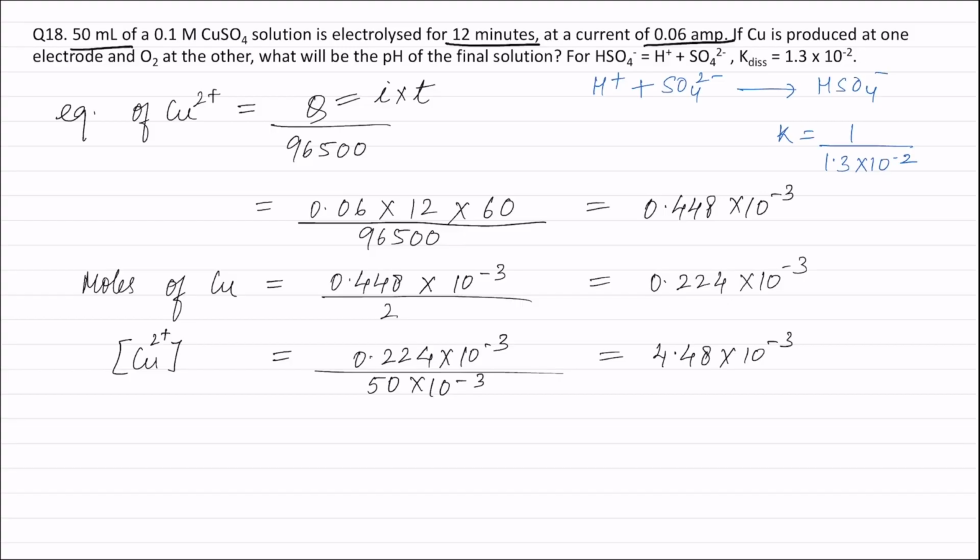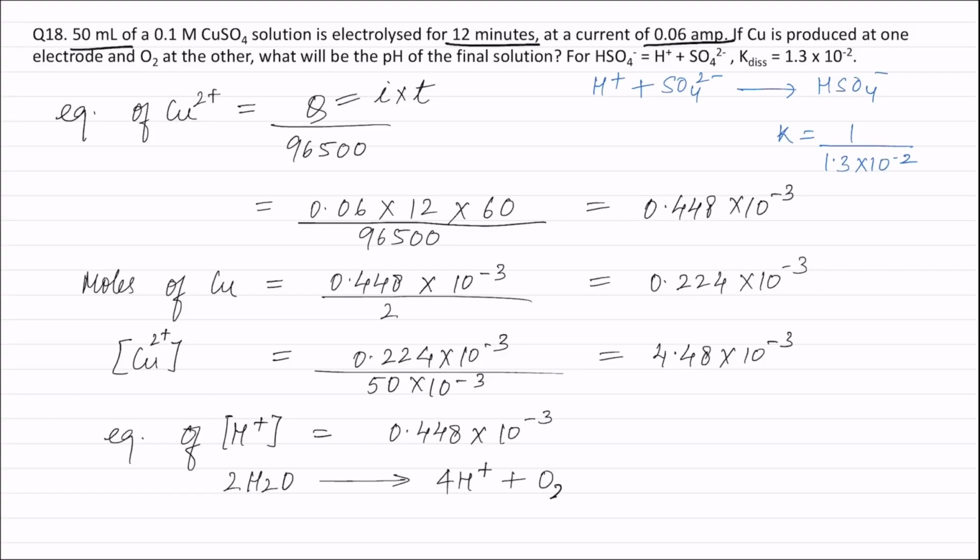Now, equivalents of copper discharged is also equal to equivalents of H⁺ ions. Therefore, equivalents of H⁺ ions will also be equal to 0.448 × 10⁻³. Now, H⁺ ions are there in the solution because of the reaction that can be written as 2H2O, which dissociates to give 4H⁺ ions, plus oxygen gas evolved, plus 4 electrons.